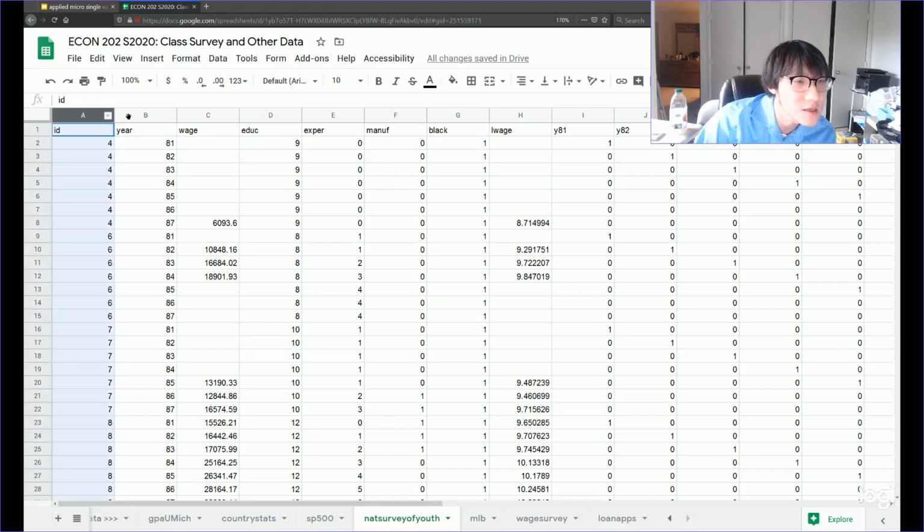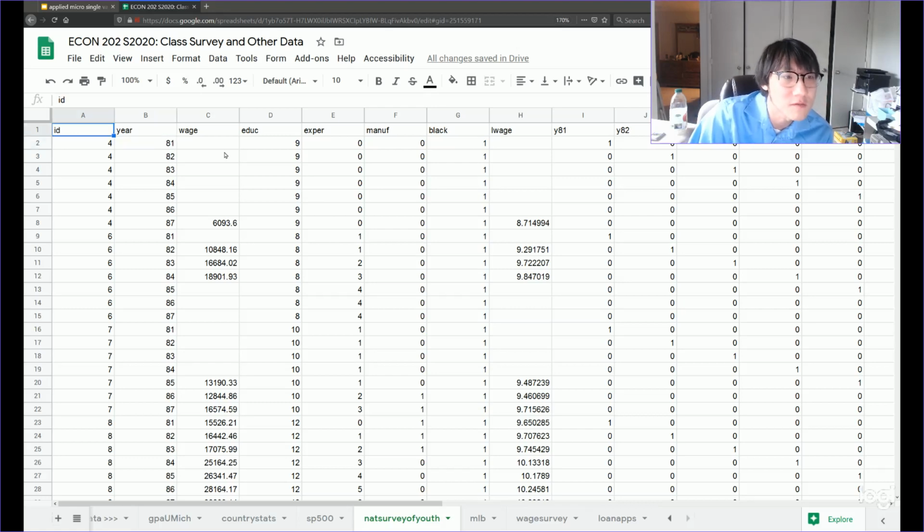If you were to ask yourself, what is the unit of observation of this data set? There are actually two units of observation. First of all, on the one hand, we have this variable ID, okay? And you can see what's going on with this ID is this basically corresponds to an individual unique person. This is like the person's name, if you will.